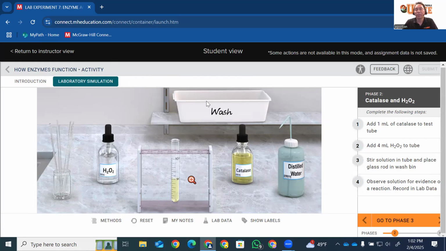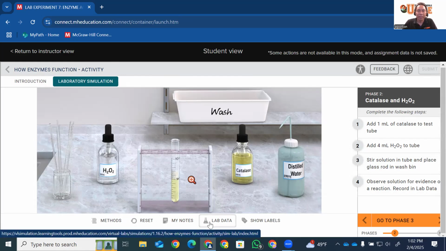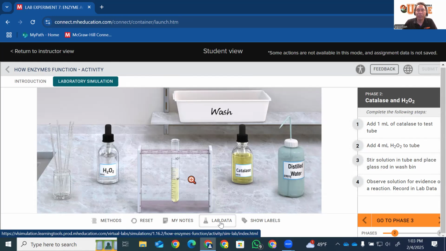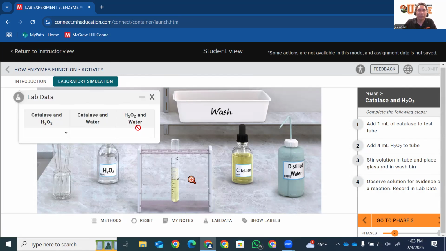Then observe the solution for evidence of reaction and record it in the lab data. So we use catalyst and peroxide for the first step. What happened? We used catalyst only, and it doesn't give you anything yet.